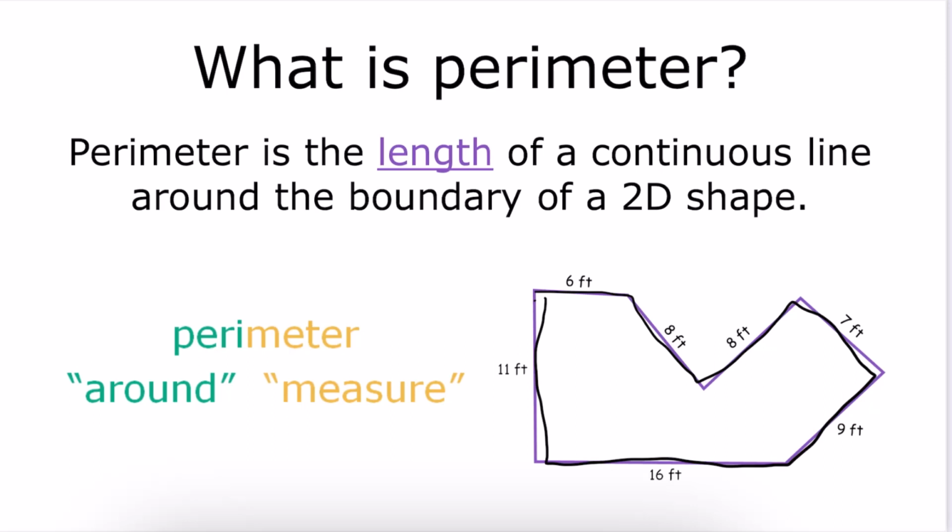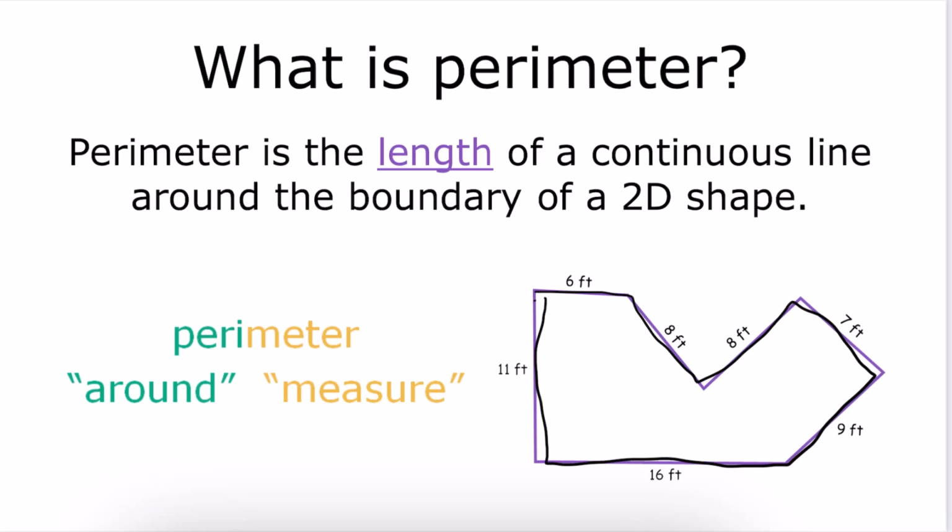So the way you could introduce perimeter to your students is you could say, okay, I have maybe a field, and it's kind of a weirdly shaped field. But these are all of the different measurements that I made around the outside of my field. And I'm wondering how many feet of fence I need to put around the outside of this field.